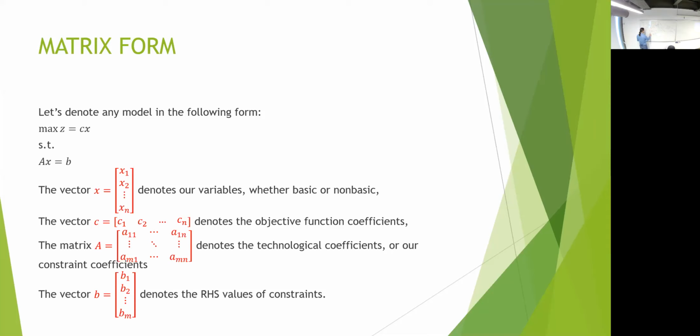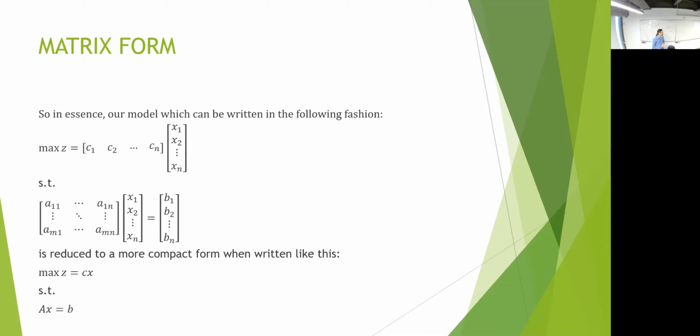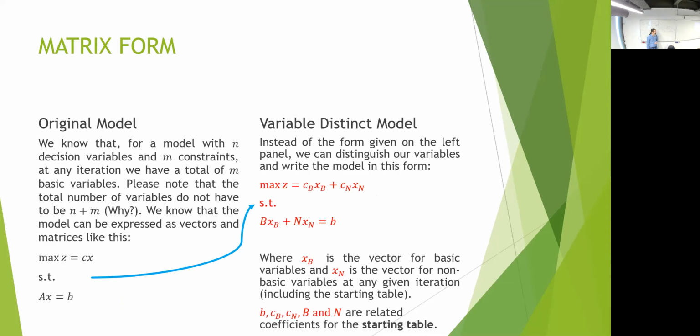So when you write this one, you can also write it like this. When you multiply A with x, you get the standard form for your constraints. Not the standard form yet, of course, you have to change it, but you get my meaning. When you multiply c and x, you get the objective function. When you multiply A and x, you get the constraints. Okay, simple enough so far.